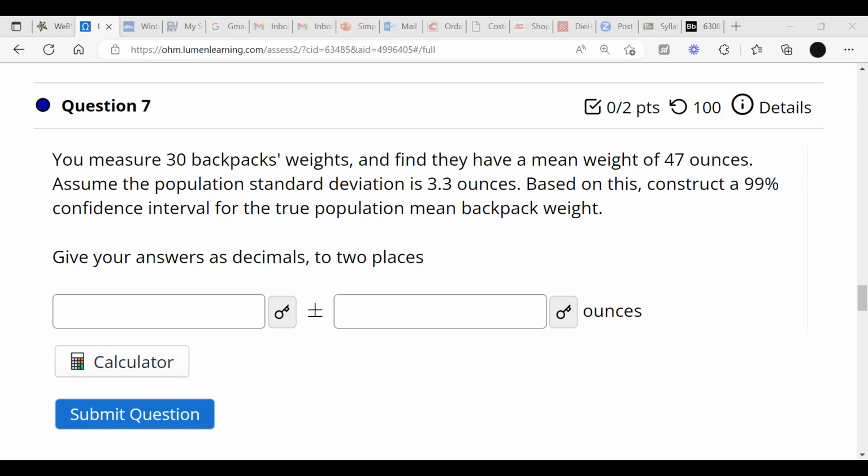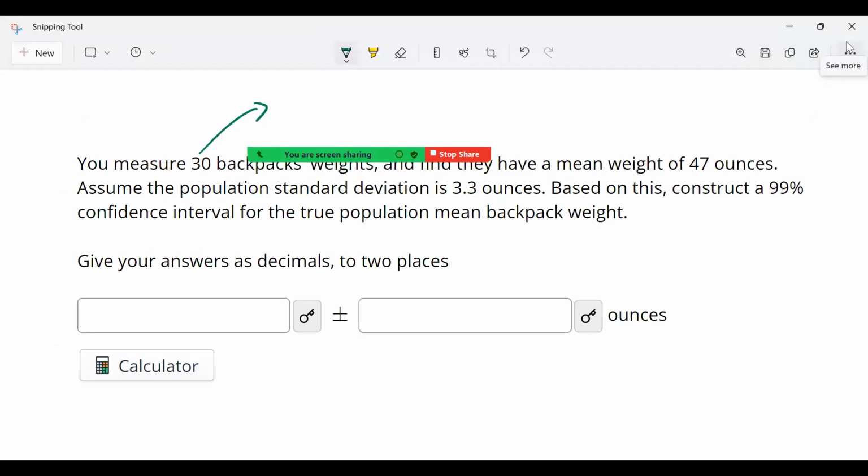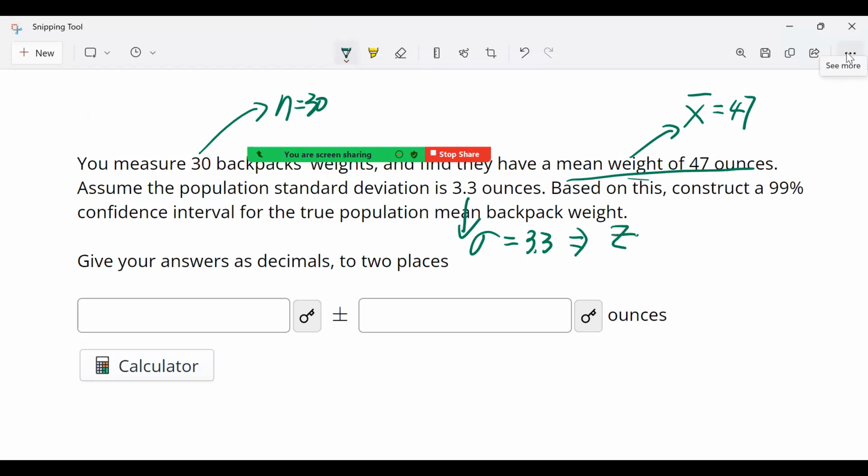Go back here, share the screen. We measure 30 backpacks, so sample size 30. And the average weight, so the sample mean, for those 30 backpacks is 47 ounces. Assuming the population standard deviation is 3.3, so sigma is 3.3. Now again, we are using the critical z-score when sigma is known.